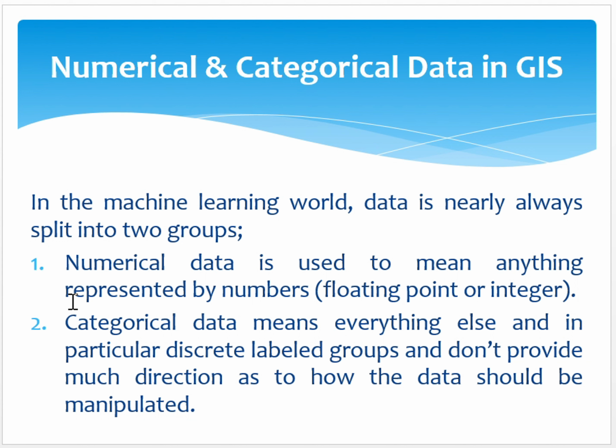This other data that isn't in number form is called categorical data. So in machine learning, data is in two types when it comes to GIS, either figures or this other data that is not in figures.